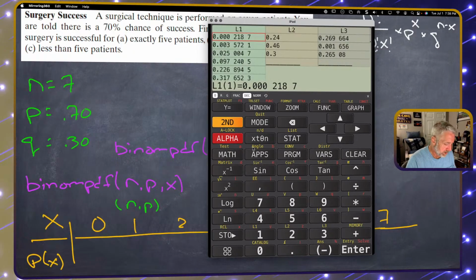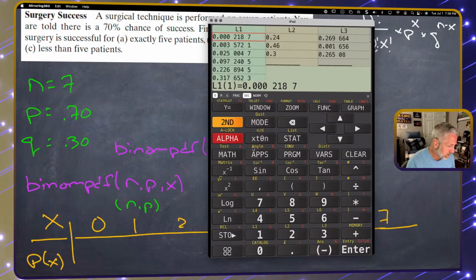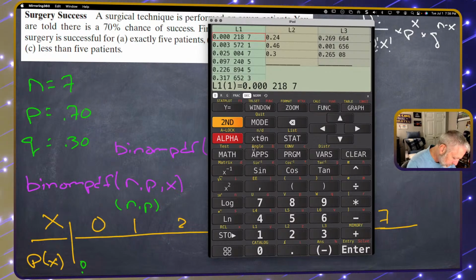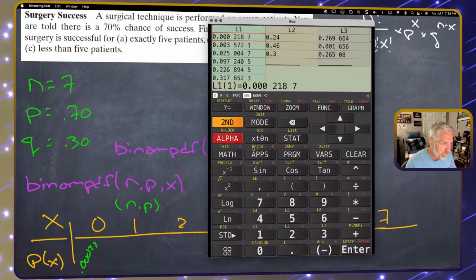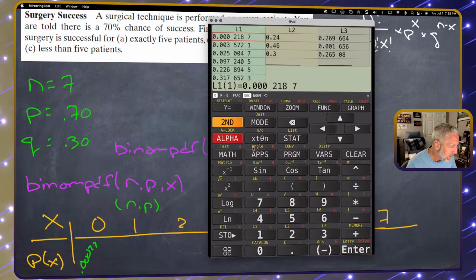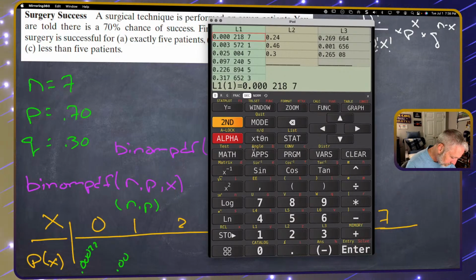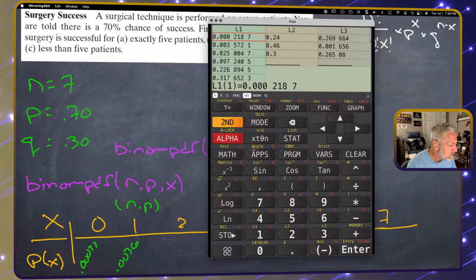Yay. So we've got some very, very small numbers here. So we've got 0.00022. You know that's very small. Hard to see and very small. 0.0036 for 1.